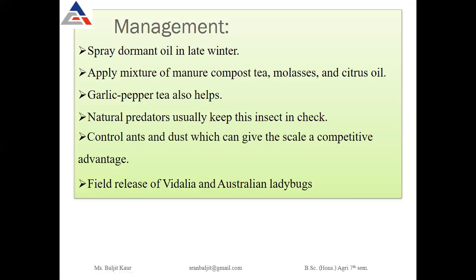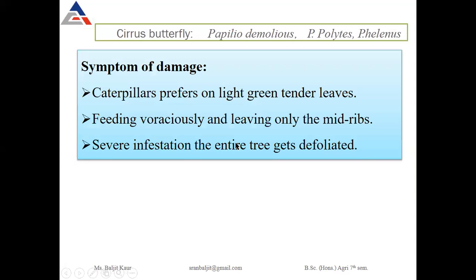So we have to control ants, and we have to dust for those ants. And we can release ladybugs, Australian ladybugs and Vedalia, which are the natural enemies of scales, and they can destroy this insect, right?